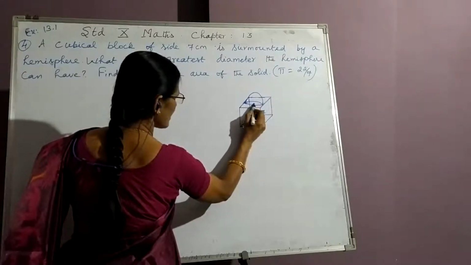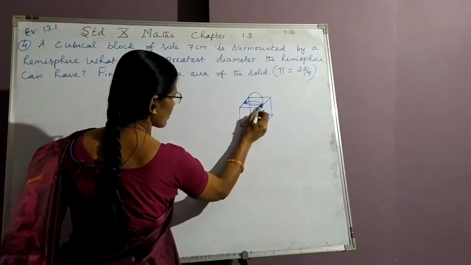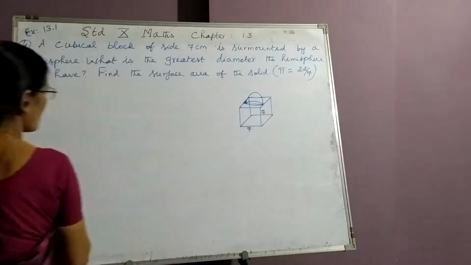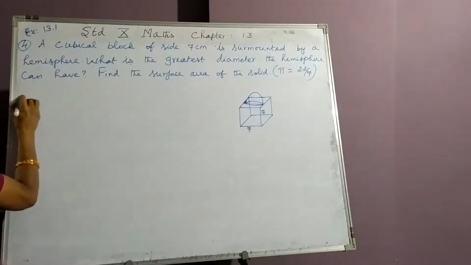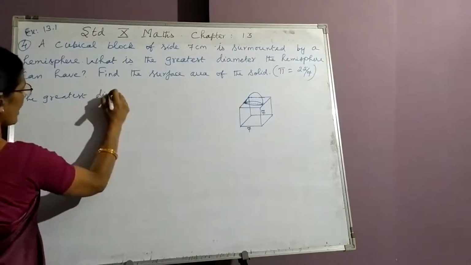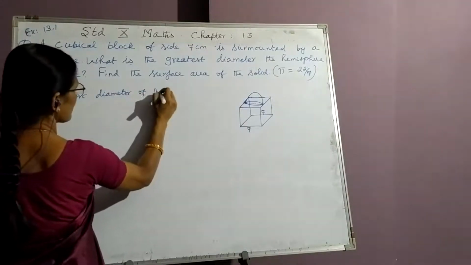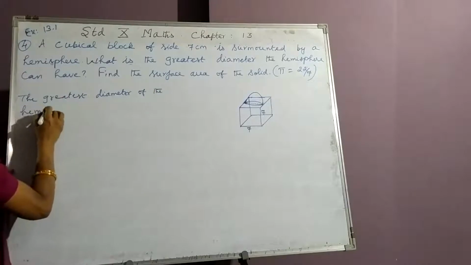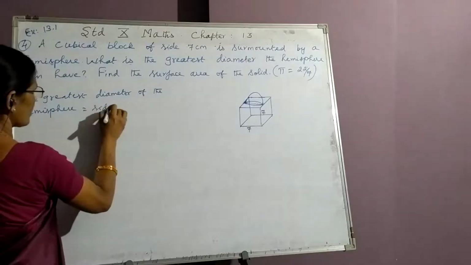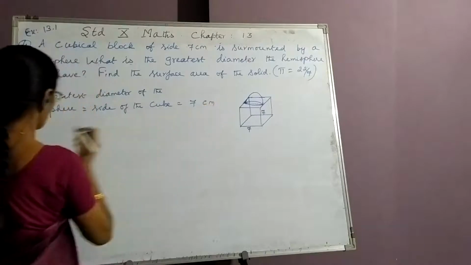This is the biggest hemisphere which can be surmounted on a cube. So you can see this is called diameter of the hemisphere, whereas the same dotted lines is the side of the cube. Therefore, diameter of the hemisphere and side of the cube are the same. The greatest diameter of the hemisphere is equal to side of the cube, which is equal to 7 centimeter.